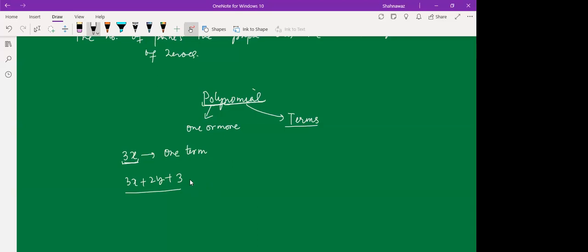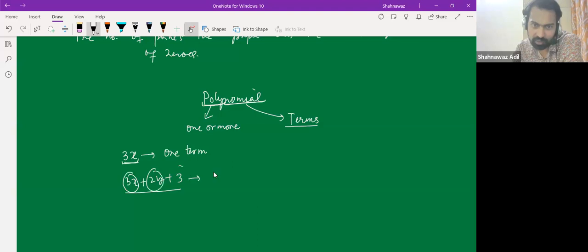Three. So this one, and this one. So we have three terms. So on the basis of the number of terms, the polynomials are defined in different ways. Whenever we have only one term, this is called a monomial.